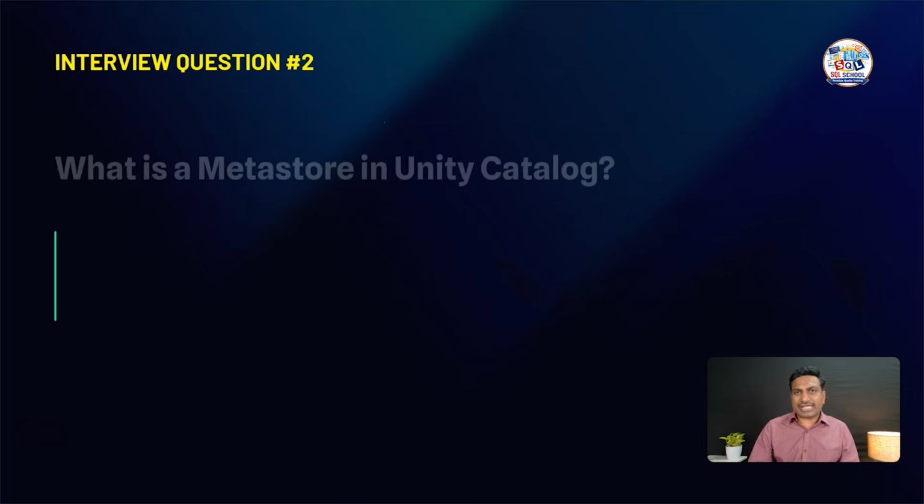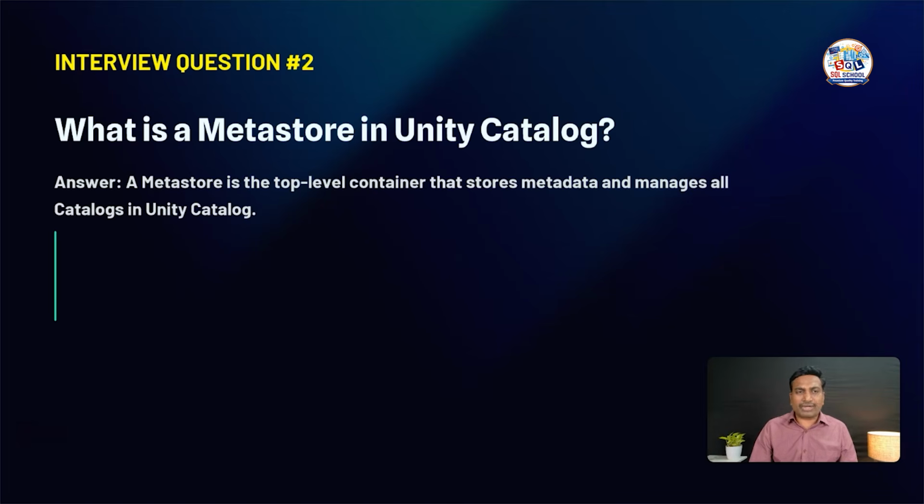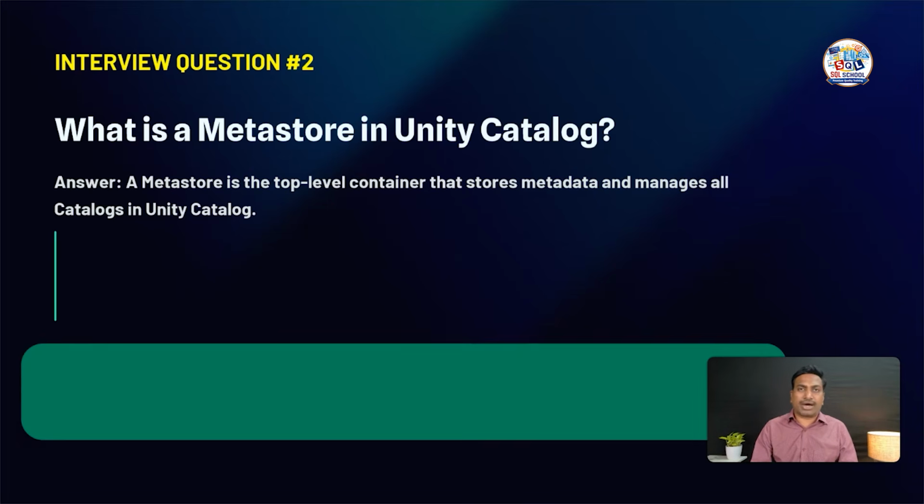Next comes the second interview question. What is this Metastore that I was mentioning earlier in one of our slides today? I said top level Metastore. Just above Unity Catalog, you have Metastore. What is it? Metastore is a top level container that stores metadata and manages all catalogs in one single Unity Catalog environment.